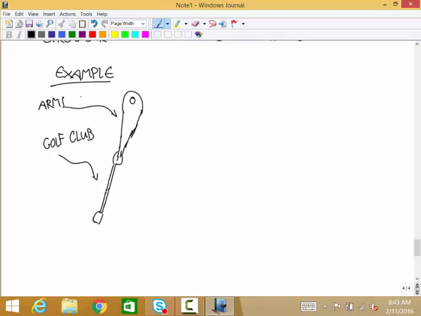You can think of this as the arms, and this is the axis of rotation. And the golf ball's here. This rigid body made up of the arms and the golf club is swinging this way at 35 radians per second.